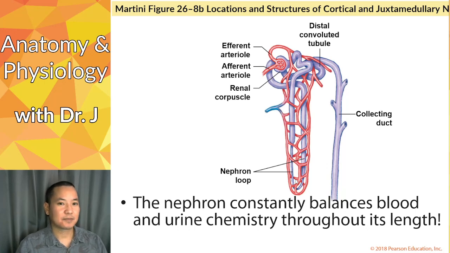So that's the key thing with the nephron: you're always trading things between the blood and the renal tubule, with the flow of fluid and plasma in the nephron and the capillaries that surround the nephron.